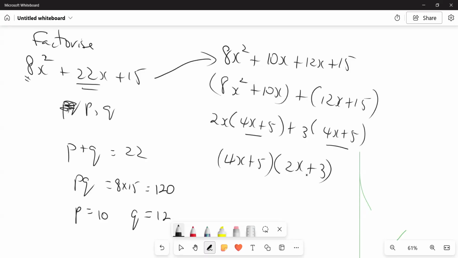So you see that difference when there's a number in front here, right? You say there is a coefficient in front of x squared that is not 1.